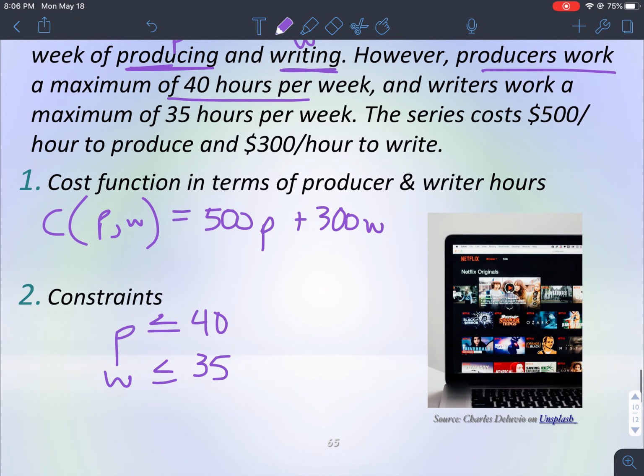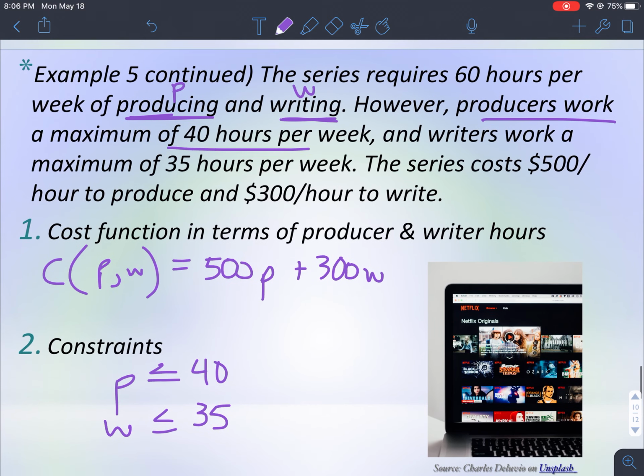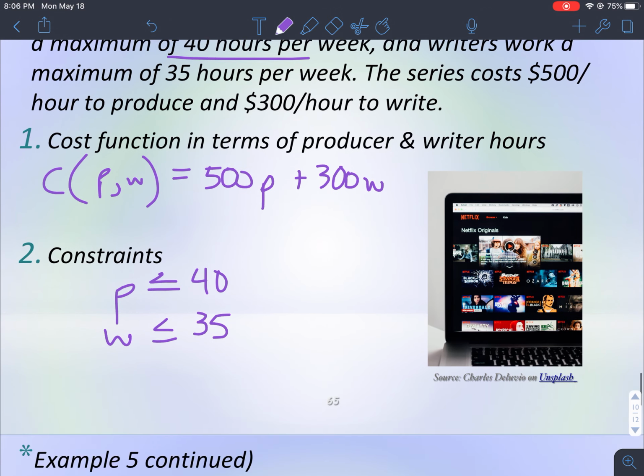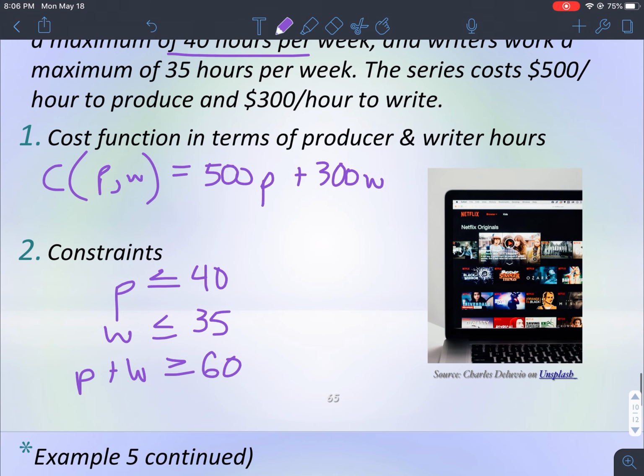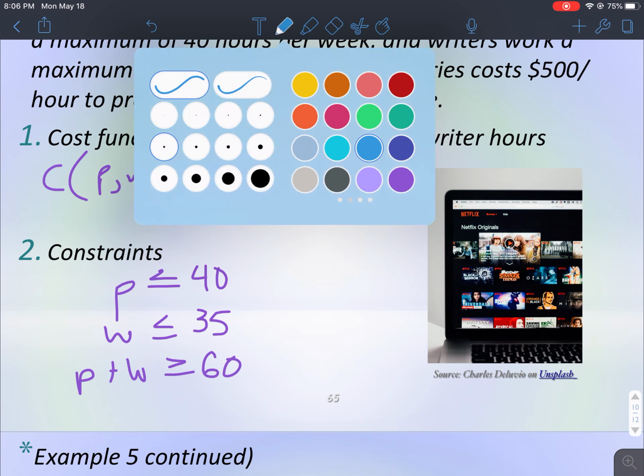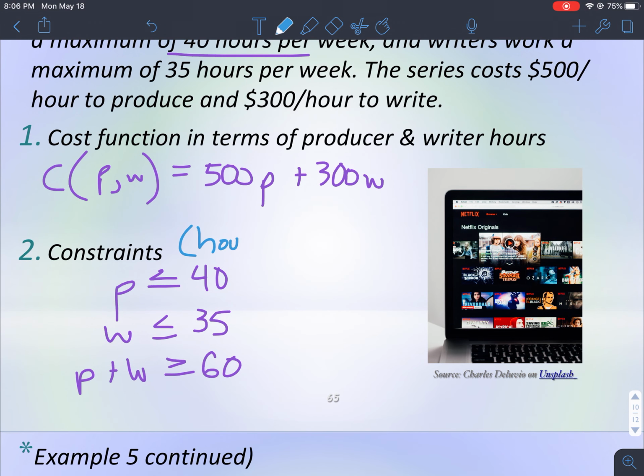And then there's one more. The series requires 60 hours total, at least. So here are our constraints in hours. And then this is our cost, dollars.